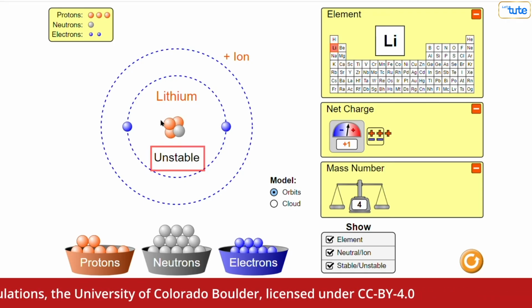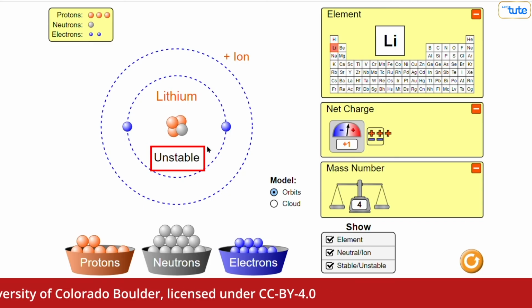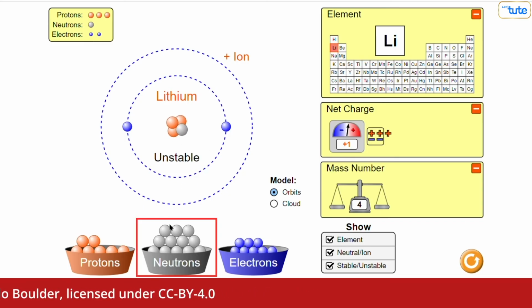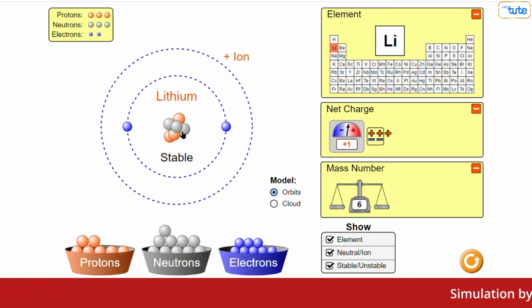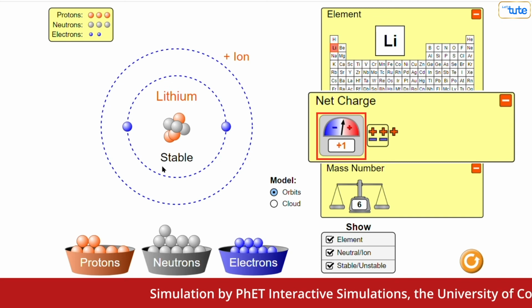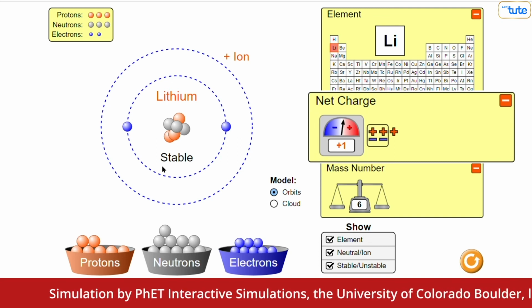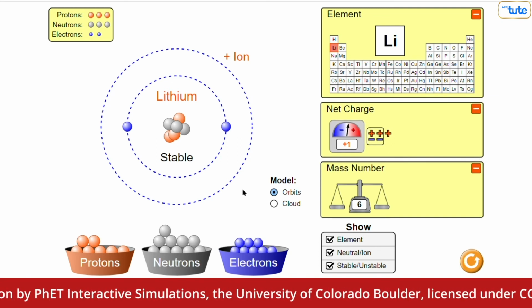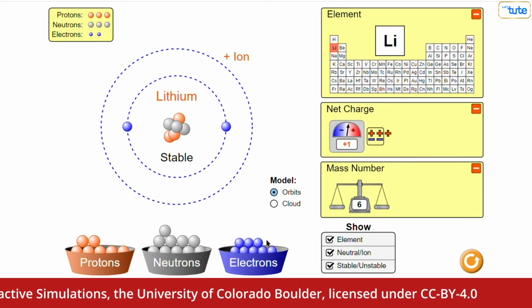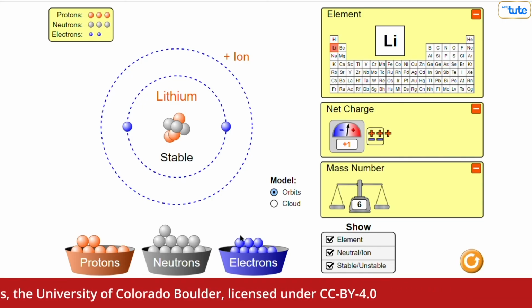But why the nucleus is unstable? Because here neutron is not added. Let's add neutron until the nucleus becomes stable. See, the nucleus is stable now. Here, atom shows 1 plus charge. But we want a neutral atom. So, what we can do is, we must add 1 electron to the atom.